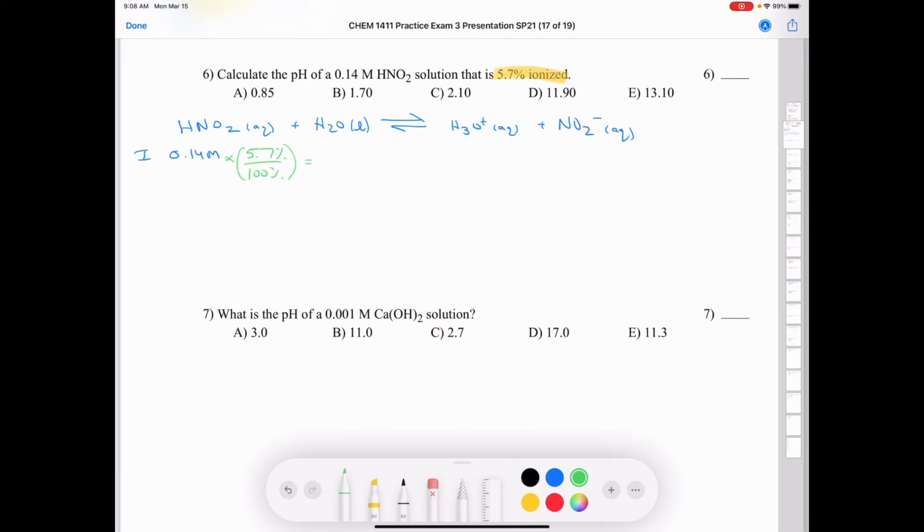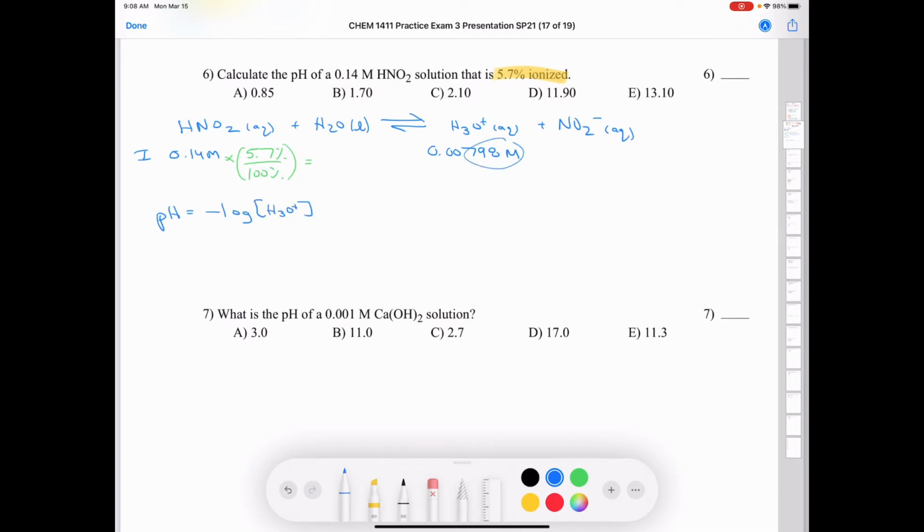And I end up with the amount of my nitrous acid that has been dissociated. And I end up with 0.00798 molar for the concentration of my hydronium ions. Now again, I get the same concentration for my nitrite, but I don't need the concentration of nitrite to evaluate my pH, because pH is equal to the negative log of the concentration of hydronium ions.